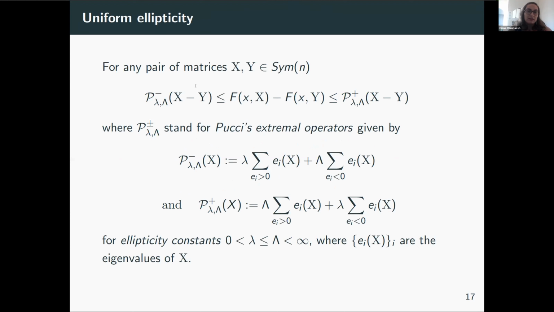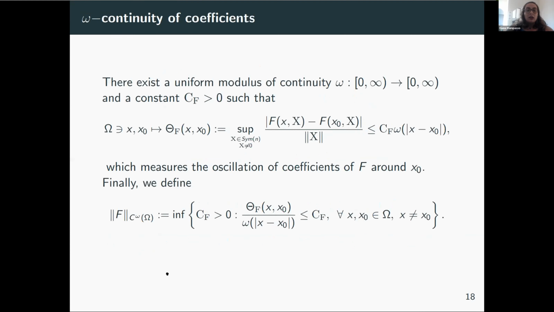By uniform ellipticity, we mean that for any pair of matrices X and Y in the set of symmetric matrices, this condition happens, where these two operators are the Pucci extremal operators defined by this, for ellipticity constants lambda and capital Lambda positive and bounded, and the e_i are the eigenvalues of X. We also suppose that there exists a uniform modulus of continuity omega and a constant C_F such that this supremum is bounded by C_F times the modulus of continuity in x minus x0.